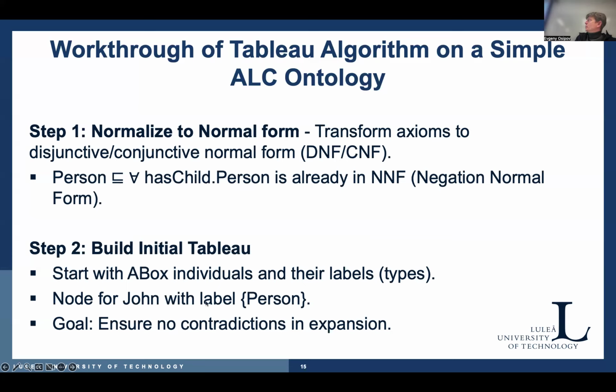First, you need to convert it to some normal form, DNF, CNF, or negation normal form, and you start building your model. You build a model with an individual. As I said, you find an individual and you start building a model. What does it mean?